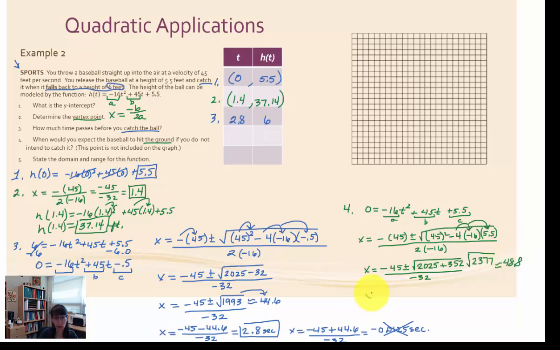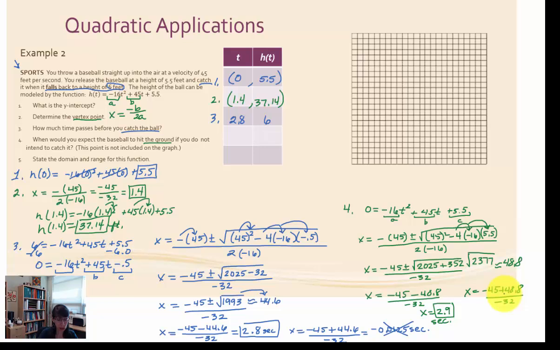So one x value would be negative 45 minus 48.8 divided by the negative 32. And the other x value will come from addition. Negative 45 plus 48.8 divided by the negative 32. When we use subtraction, we'll end up with 2.9 seconds. 2.9 seconds sounds possible.